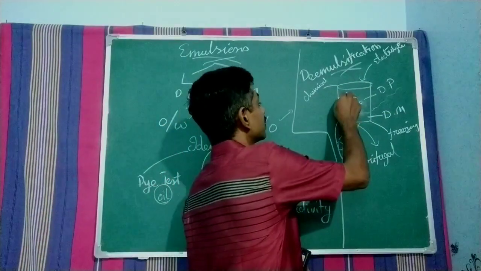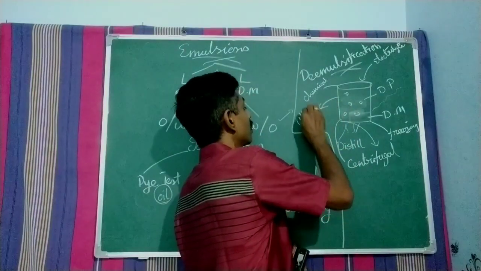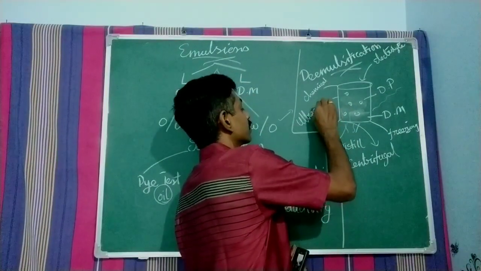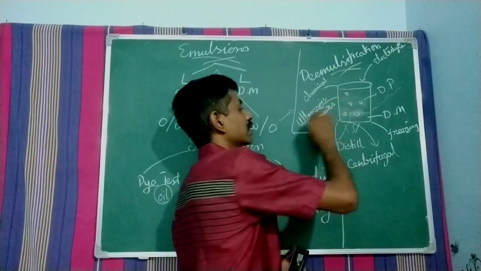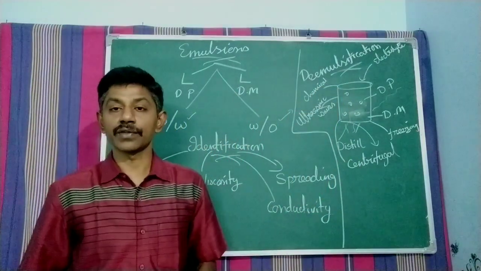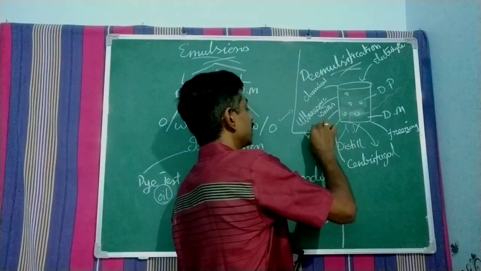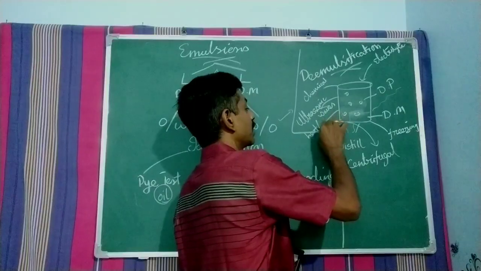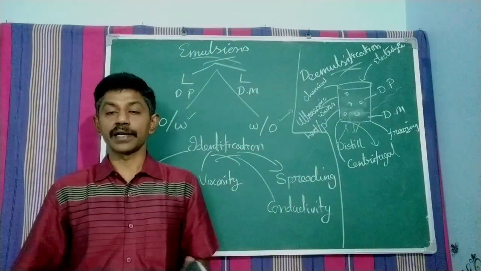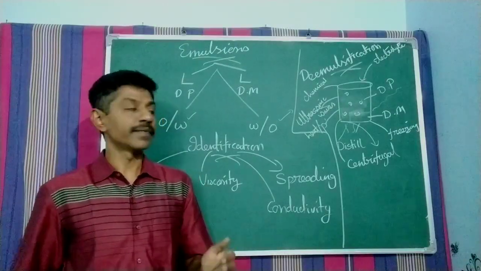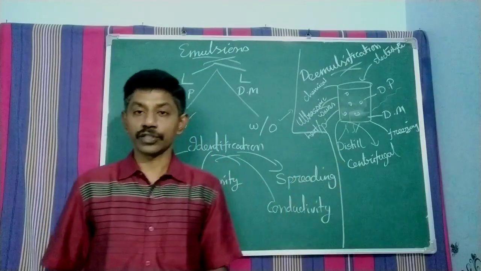And the next method is they will go for ultrasonic waves. Ultrasonic waves will be passed and disturb the combination of both. Or else they will heat the medium in the presence of high pressure and break it. So these are the ways we can de-emulsify an emulsion.